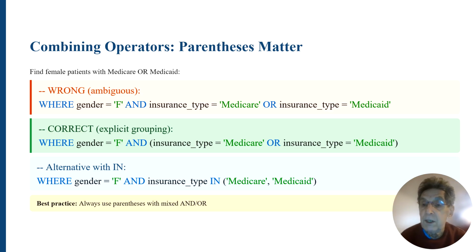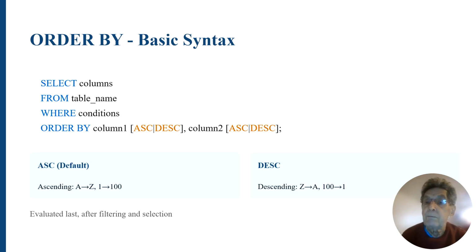It's even cleaner, where gender equals F and insurance type IN, and put the two strings, Medicare and Medicaid, in parentheses. My advice to you is whenever you mix AND and OR, use parentheses to make your intent explicit, even if they're technically not required, and that makes your query easier to read and less prone to logical errors.